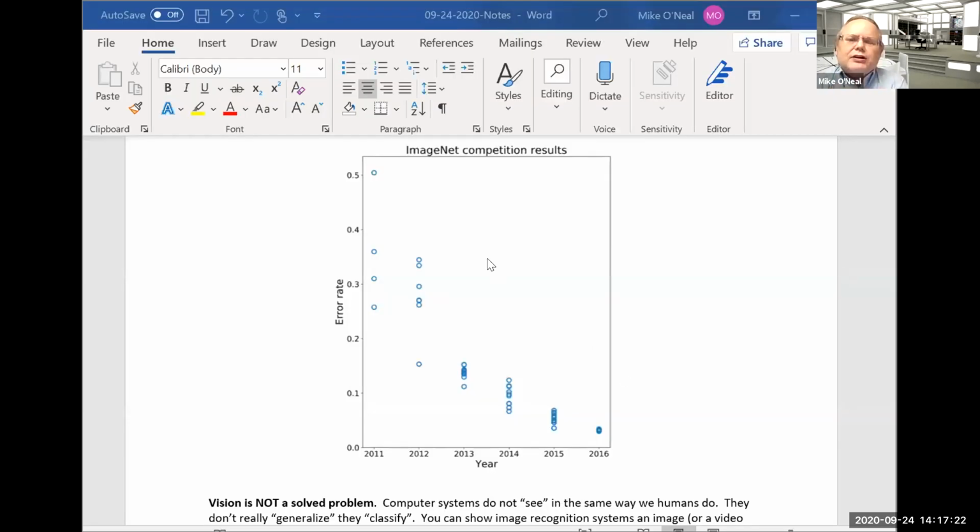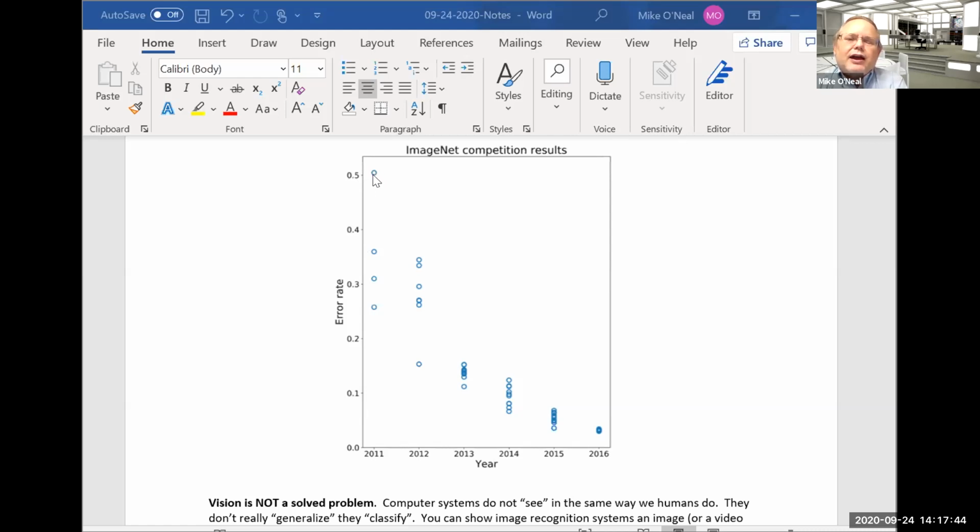This is the ImageNet competition results, okay? And you can see the error rate, 10%, 20%, 30%, 40%, 50%. And you can see back in 2011, as I was saying, the best one got about 25% error rate. So it would get 3 out of 4 images correctly. But the worst program there, you can see, was over 50%.